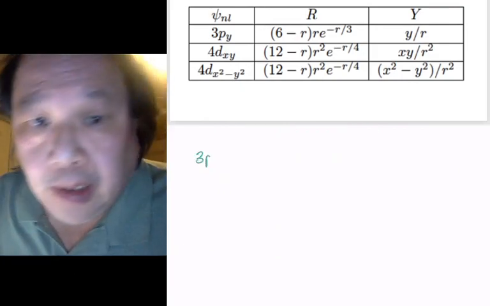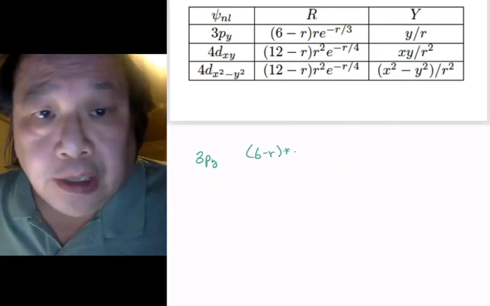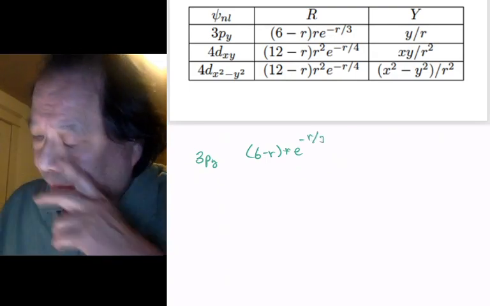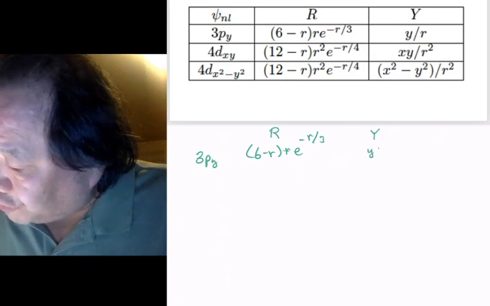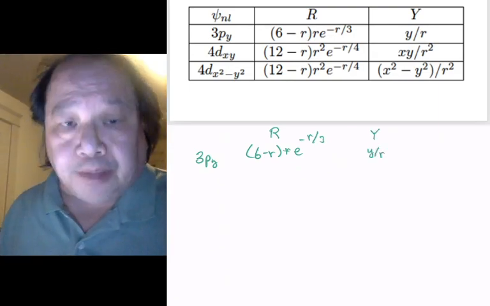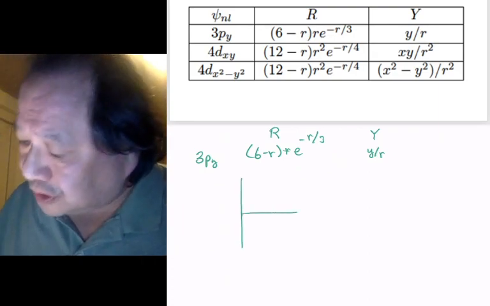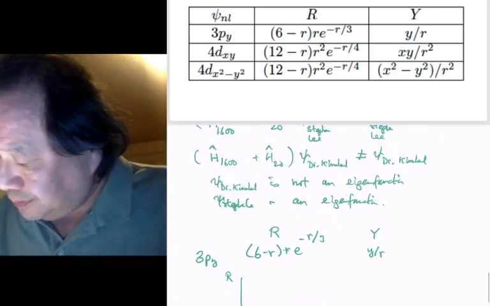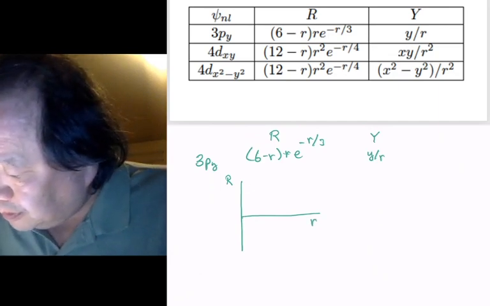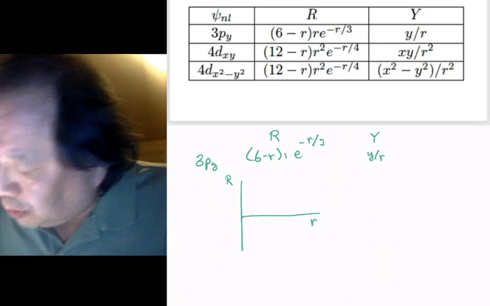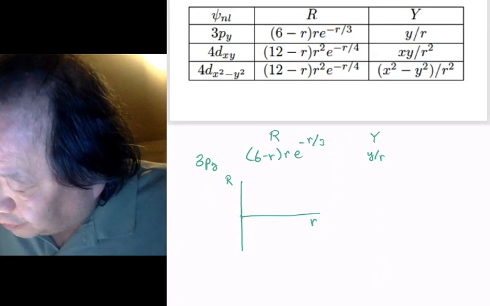The 3py is (6 − r) r e^(−r/3). That's its R function. And its Y function is y over r. Let's plot those functions. Let's plot the R function. What's the value of the R function at 0?